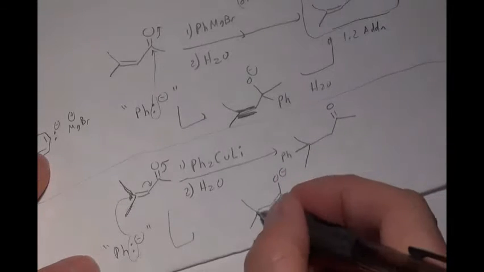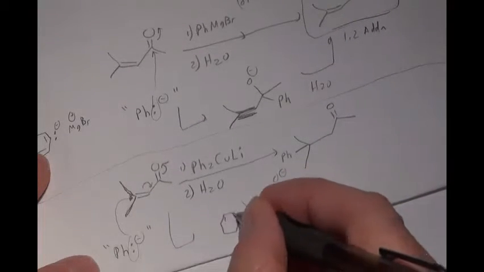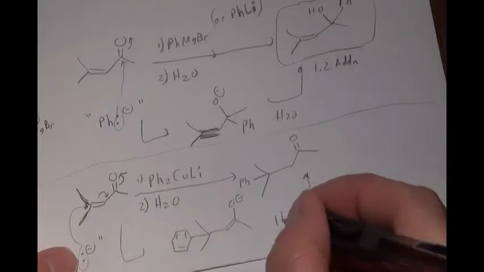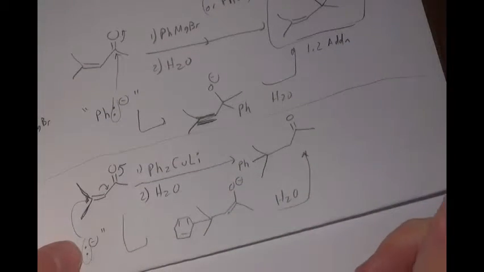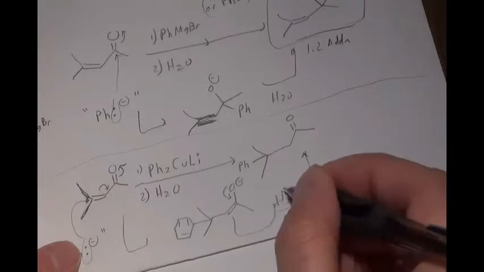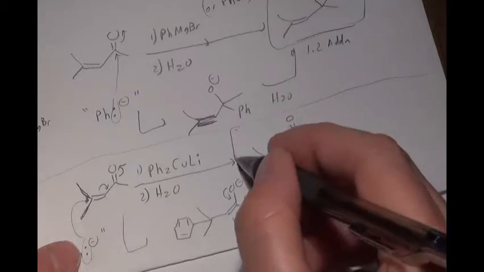That with a phenyl now here. I'll draw out the phenyl. Cool so far? And now, just grab a proton from water. So the enolate swings down, and the double bond grabs a proton, and you are done. This is the product of the cuprate.